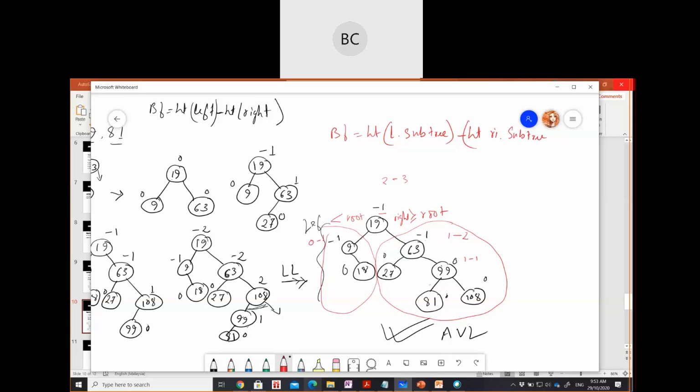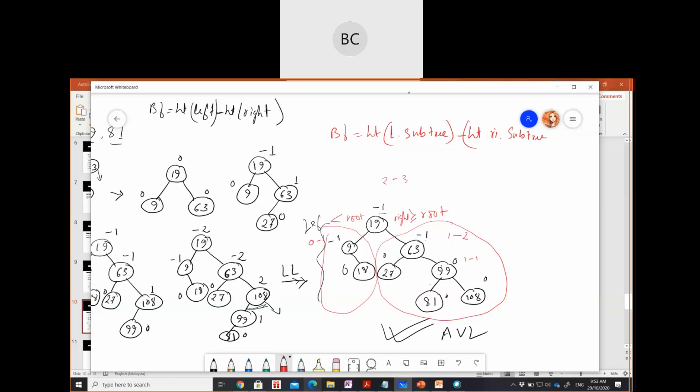Single R rotation is not RR rotation. RR rotation means whenever you insert an item into the right subtree of the right subtree, that is called your RR, right of right. And LL means left of left. Single left is not LL and single right is not RR. Don't get confused. In some of the books or sites, you will get it that way.